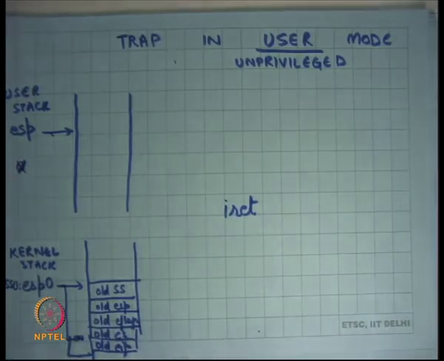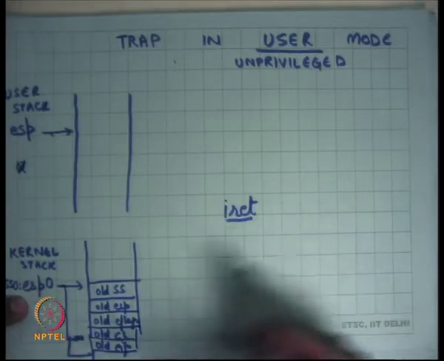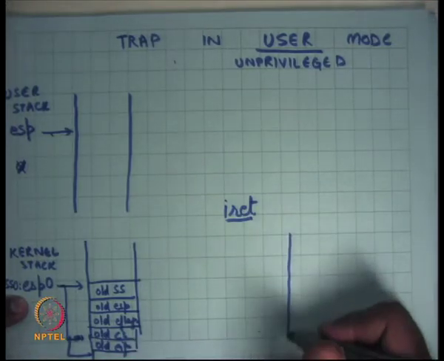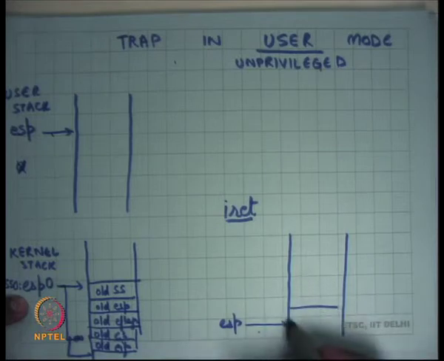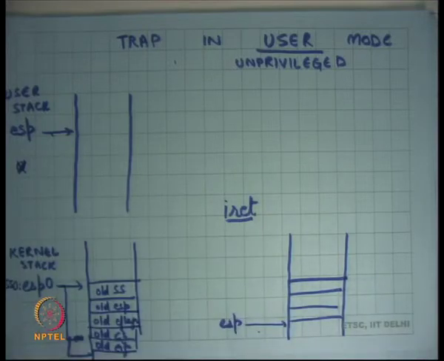So now the interrupt handler, or the trap handler, will execute on the kernel stack, and eventually it will want to return, and it should actually return to exactly the same point in user space where it left off, right? So once again it's going to call the iret instruction, and the semantics of the iret instruction is going to, once again, let's say this was the ESP at this point, pop off the first 3 words and set those up as CS, EIP and EFLAGS, just like before.